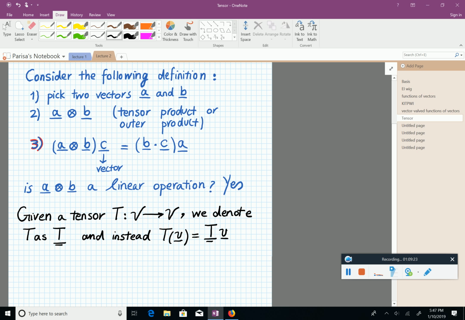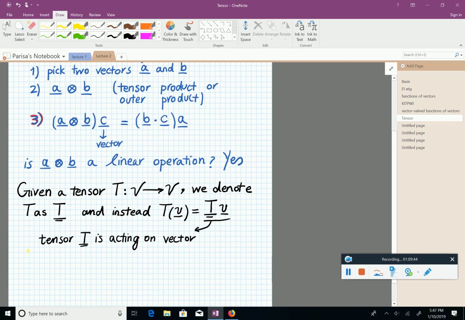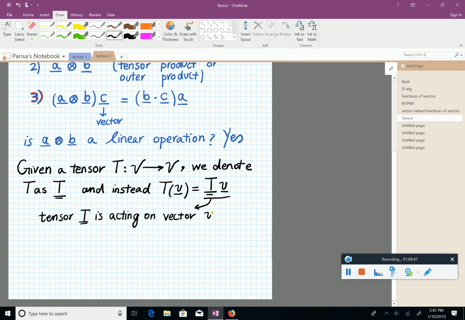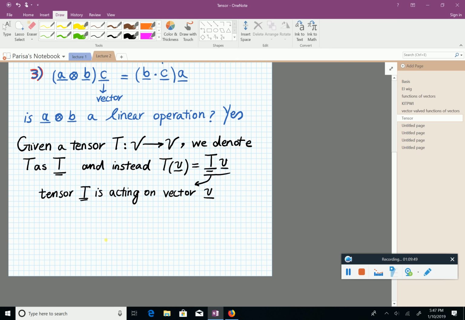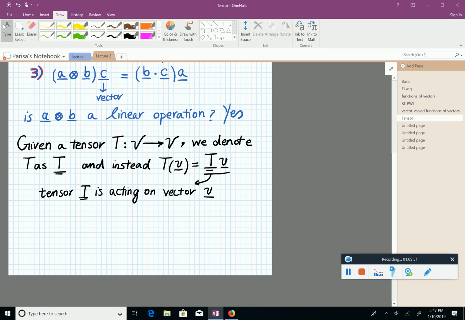So this is basically saying that tensor T is acting on vector V. That's what it is saying. Okay.